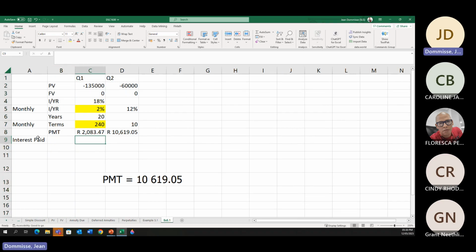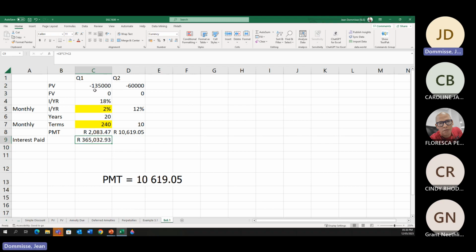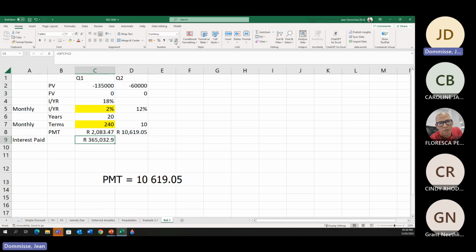So they could have asked you what the interest paid was. If we know that this amount was paid for 240 periods, so you borrowed the money, it was 135,000, and you paid 2083 monthly. That is why a loan is so expensive.